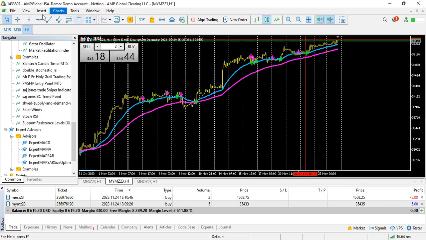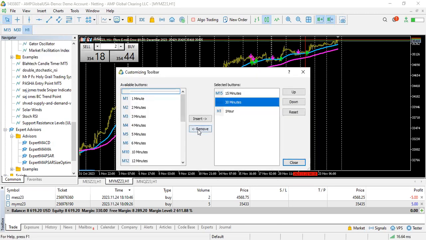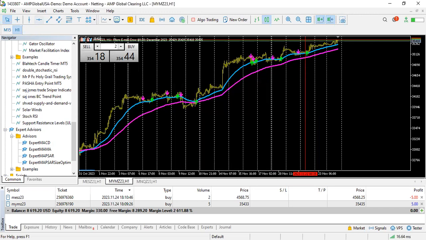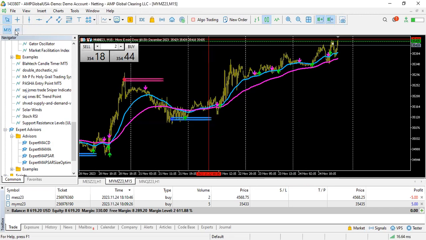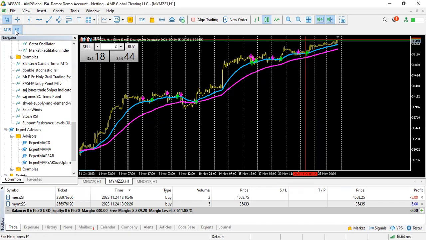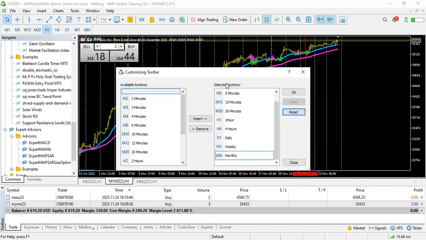All right, close that. What I like to do is make sure I don't make irrational choices and try to jump down to other time frames. I like to isolate the two time frames that I'm finding my entries on. So I'll go to the time frame area here, hit customize, and you'll see all the time frames here.